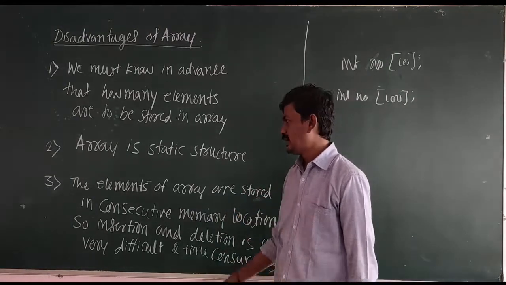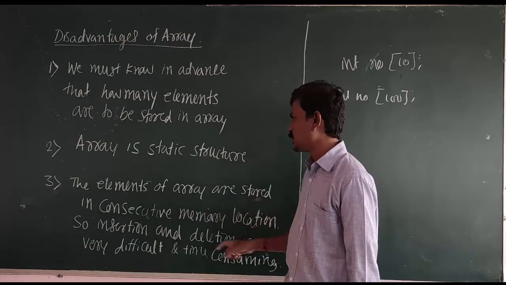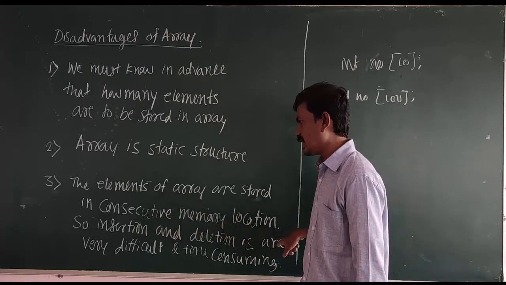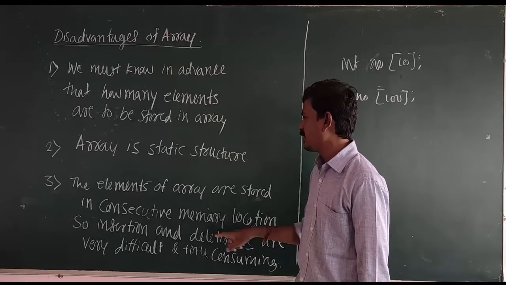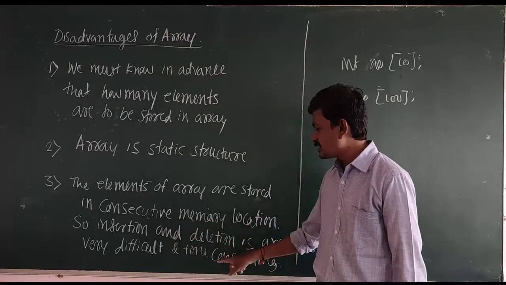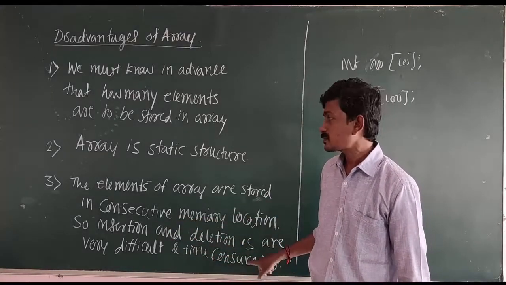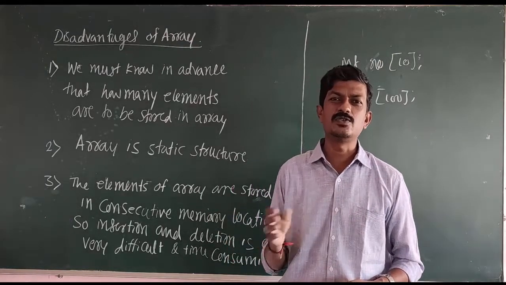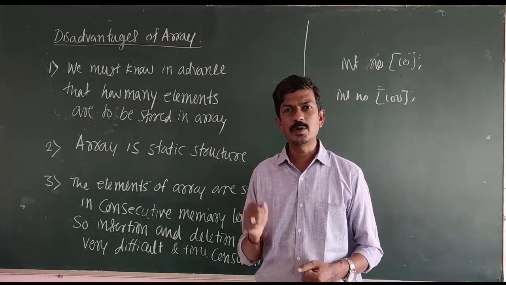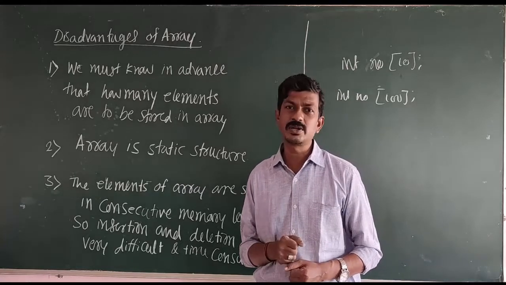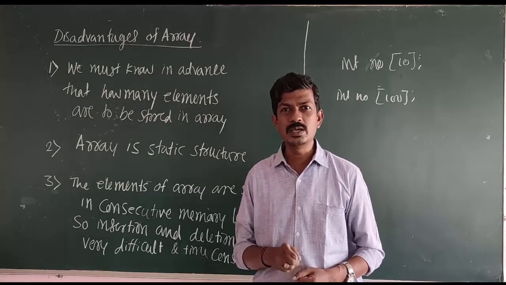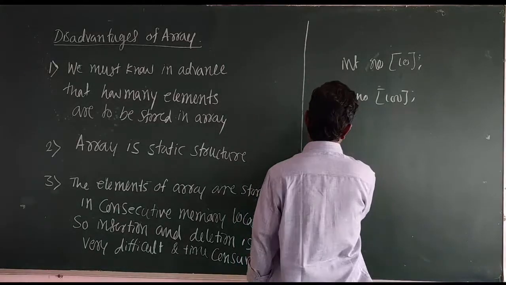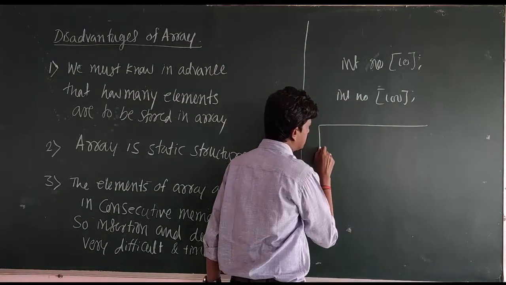The third one is that the elements of an array are stored in consecutive memory locations, so insertion and deletion are very difficult and time consuming operations. Why?